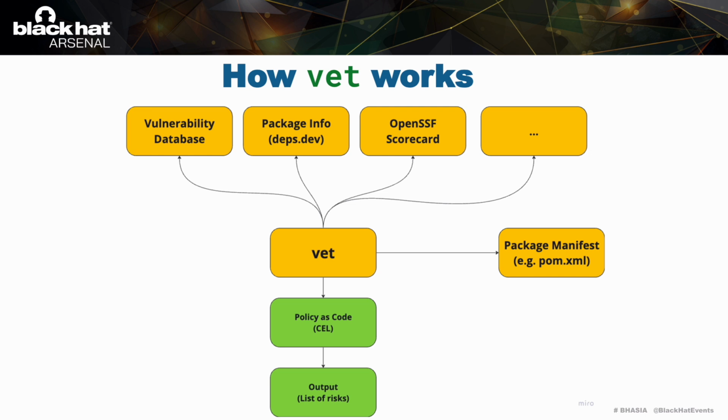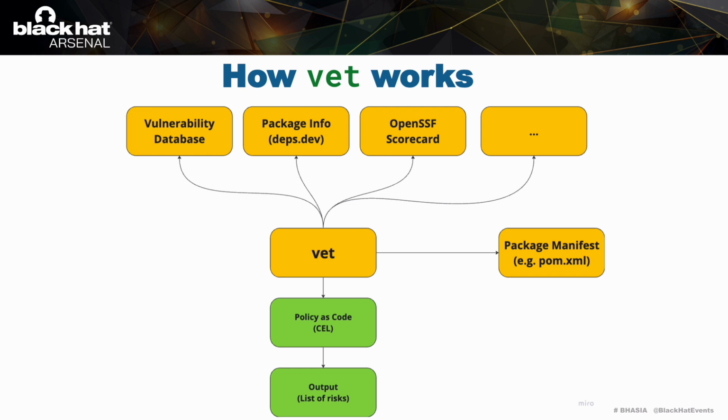For example, in some cases, you may only be interested in preventing dependencies that have critical vulnerabilities, or you may want to prevent introducing or using dependencies which have specific open source licenses.